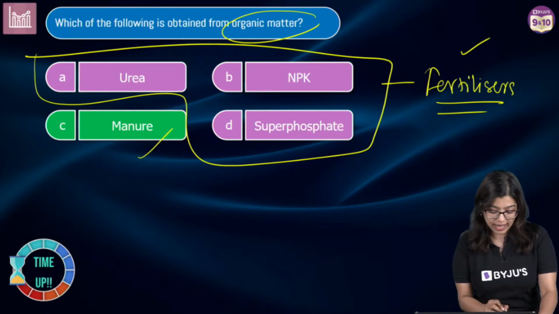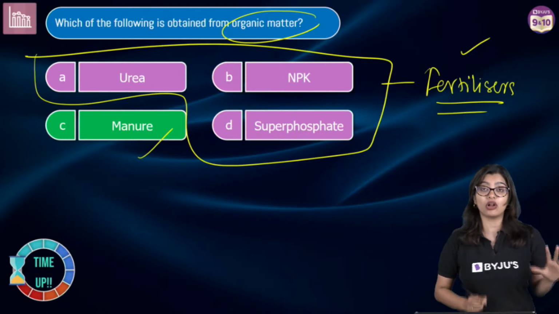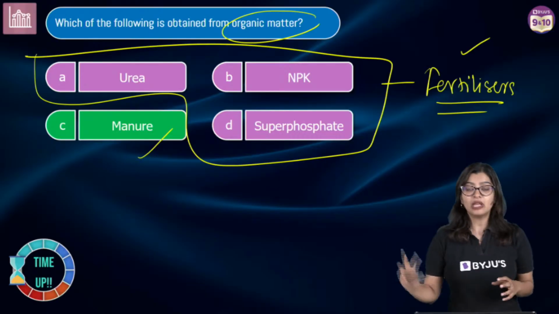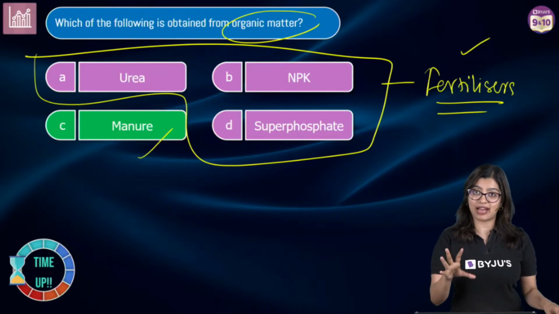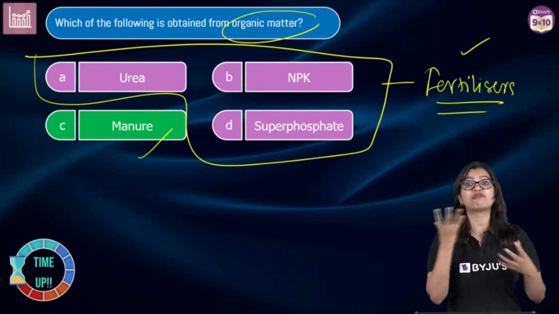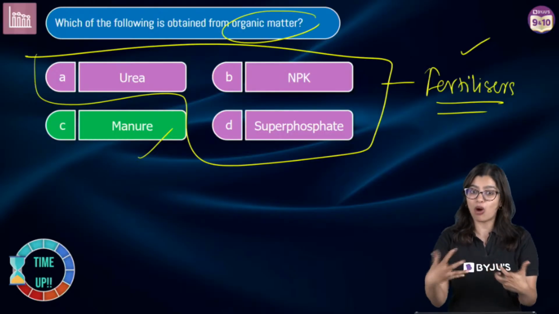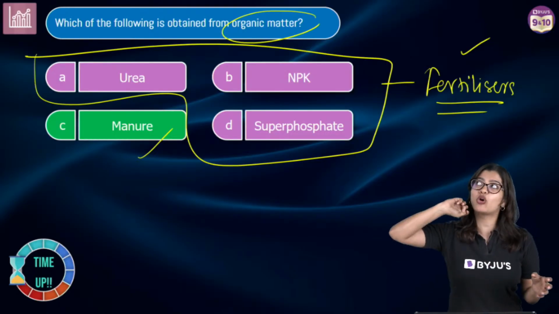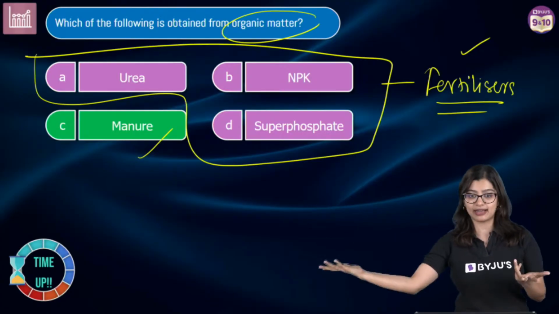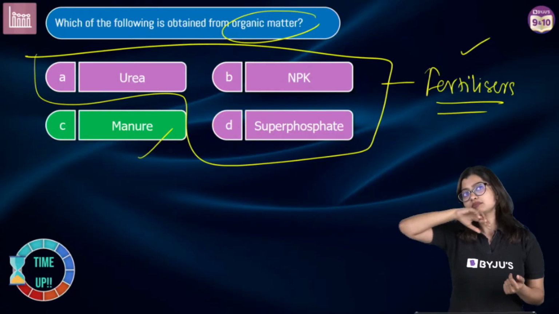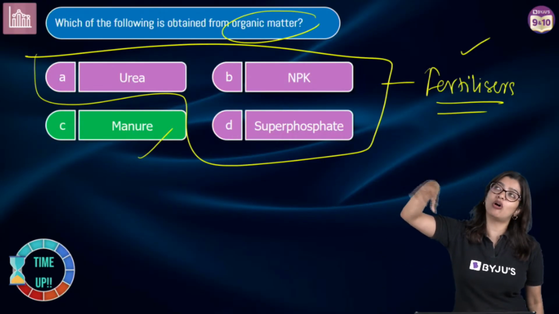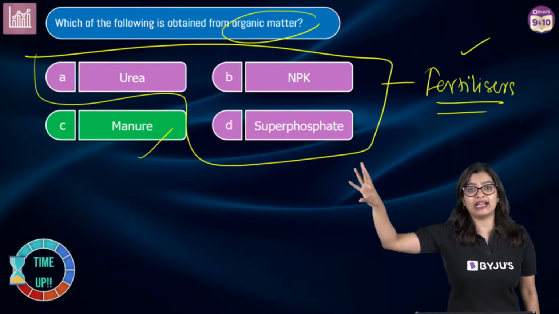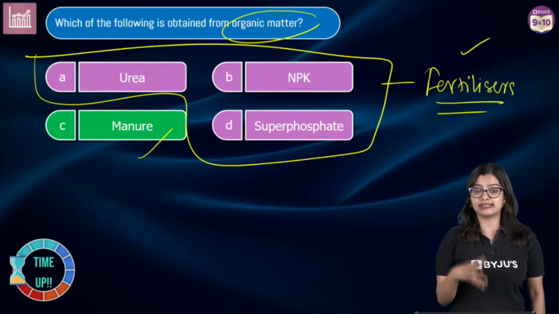Now before I go ahead with the second aspect of it, I hope you're all clear with what is green manure. So quickly to recall, green manure is basically a group of plants like sun hemp and guar. Now what happens? We grow those. If I want to grow maize, then I want my soil to have the necessary nutrients.